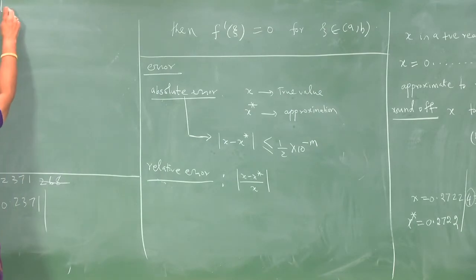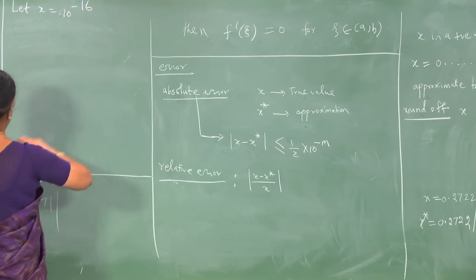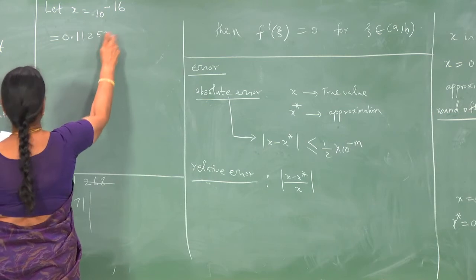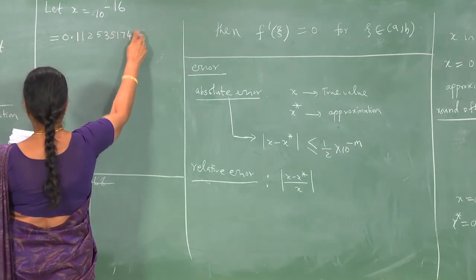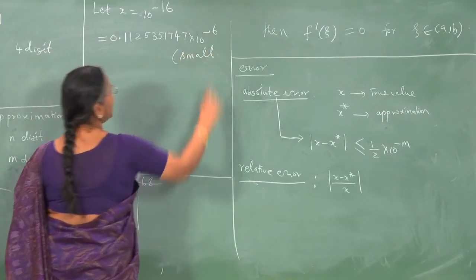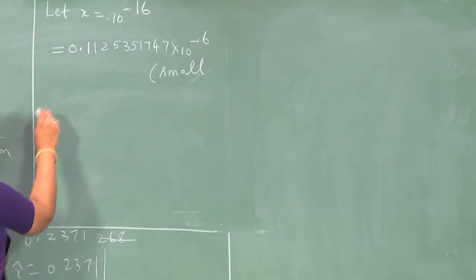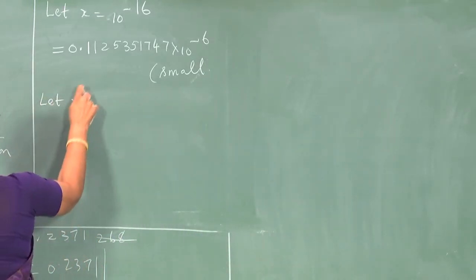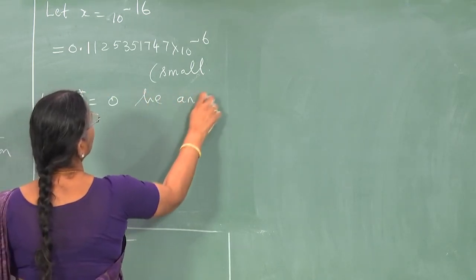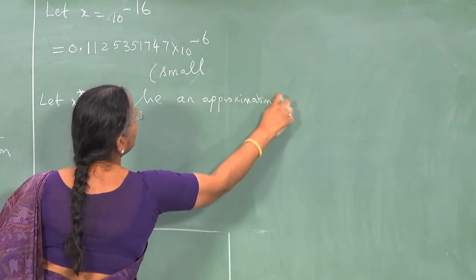So, let us take x to be 10 to the power of minus 16, whose value is 1125351747 into 10 to the minus 6. It is a very, very small number. So, let me approximate this by 0, let x star be an approximation to x.